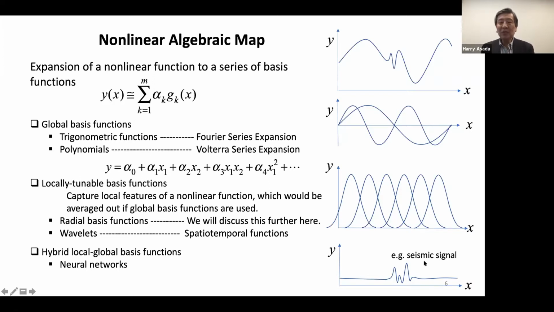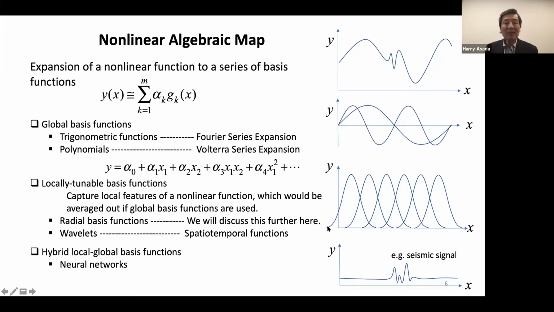If you take a bunch of data and expand it into a Fourier series, the product between this and such a signal is integrated over the entire x span. So such local features just get integrated out, averaged out. We cannot capture some of the unique signals here, right?